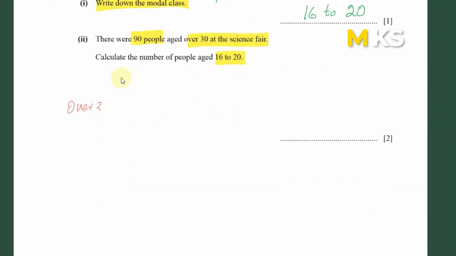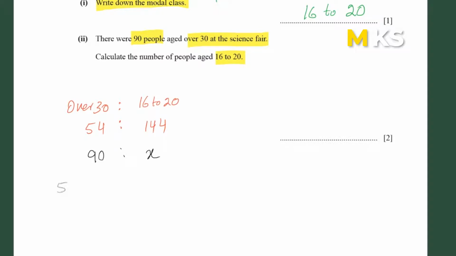We are basically comparing over 30 and 16 to 20. The sector used for over 30 has the angle 54, whereas the sector representing 16 to 20 is 144. Given that over 30 there are 90 people, 54 represents 90, so we have to find what the sector with angle 144 will represent for 16 to 20.